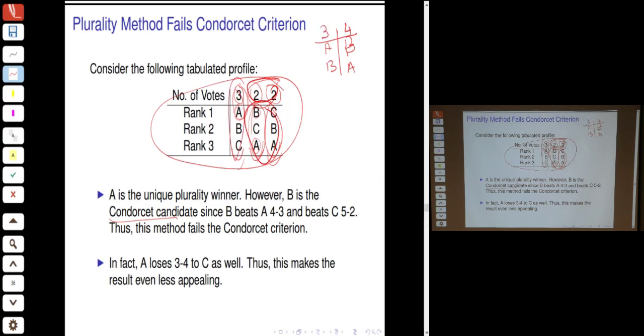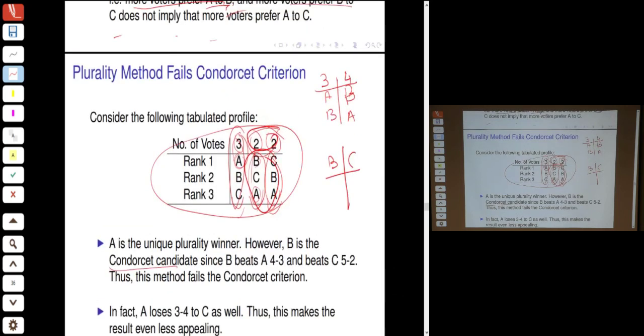Similarly, if you match up B and C, B is preferred to C in the middle preference list, and B is preferred to C also in the first preference list.